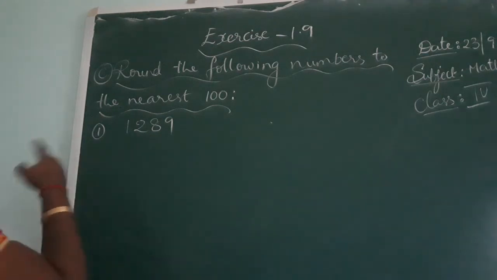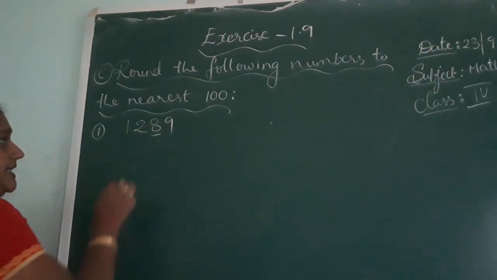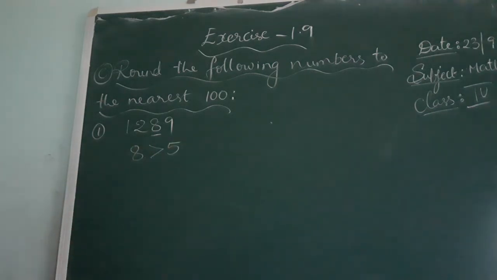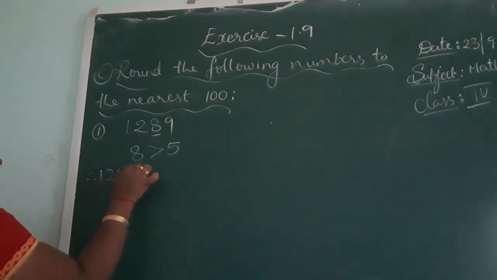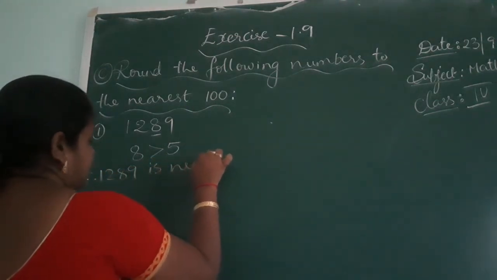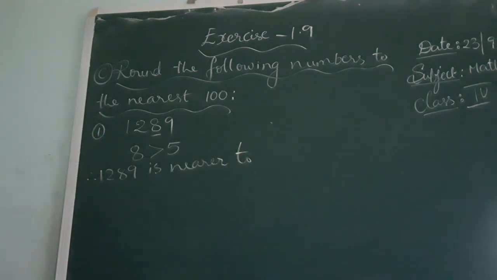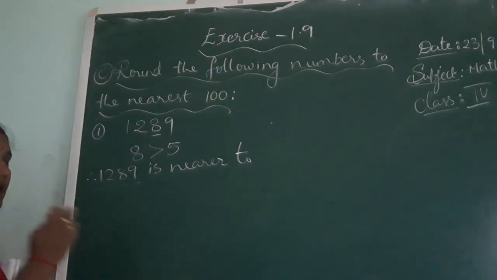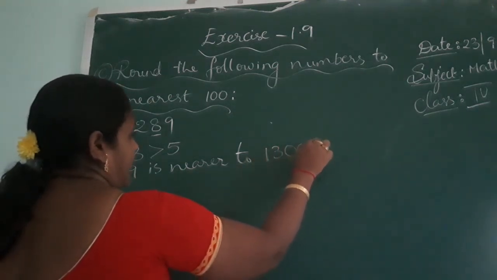What is at 10's place here? 8. 8 is more than 5 or less than 5? It's more than 5. So 1289 is nearer to the next 100. 12 hundreds, after that the next 100, 13 hundreds. So 1300.